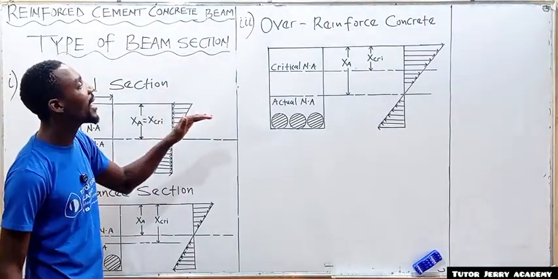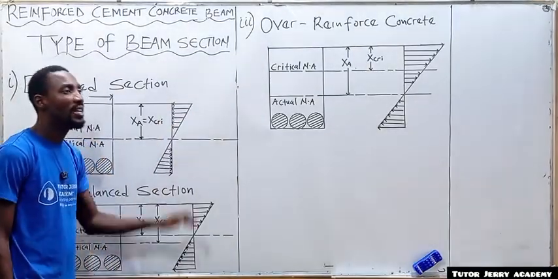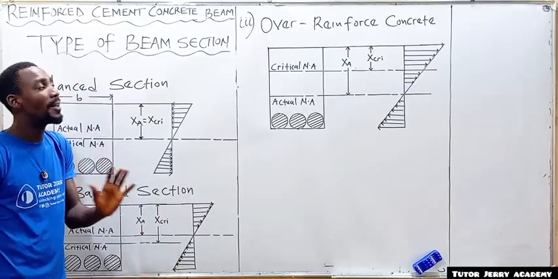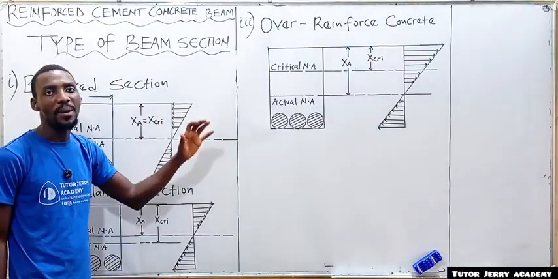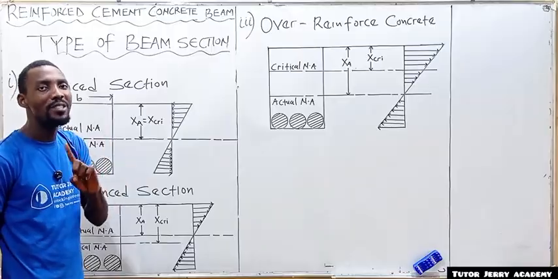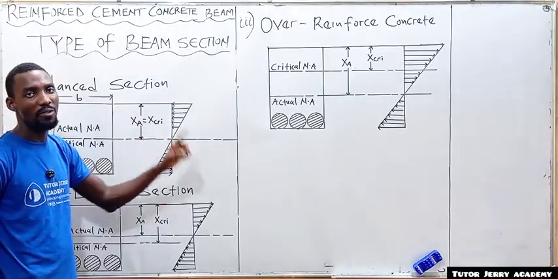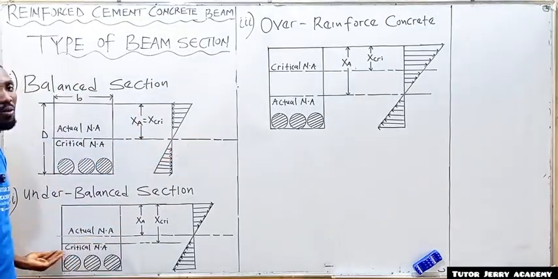All right, so under this over reinforced concrete, the first thing you need to note here is that the permissible strength of steel is greater compared to that of concrete. Just the inverse of what we have here.